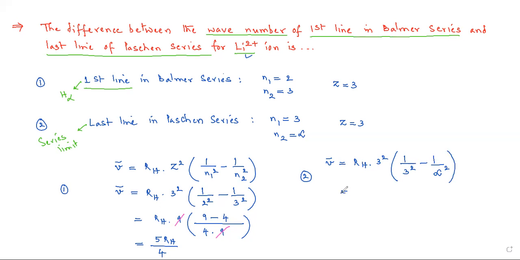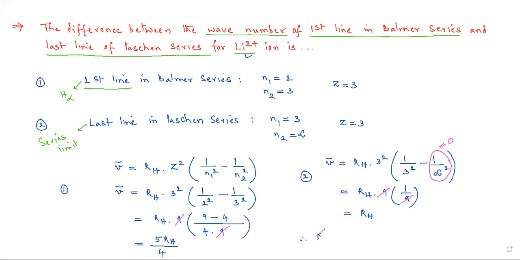You know, 1 by infinity is 0. So this is 0. So this will be RH into 9 into 1 by 9. 9 and 9 get cancelled. So this comes out to be RH.